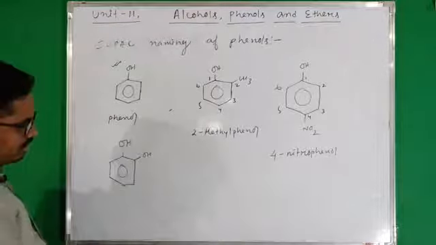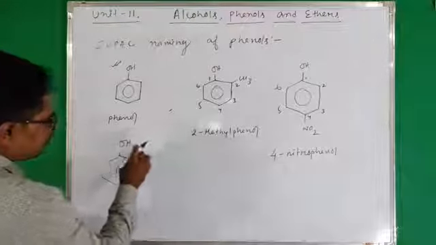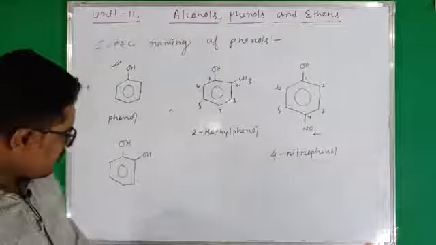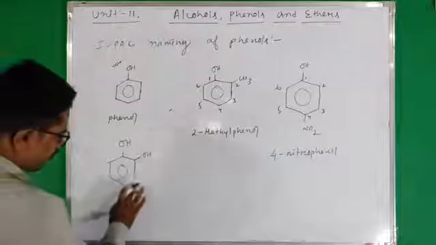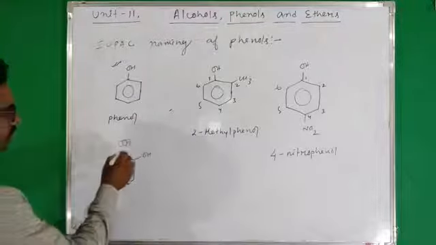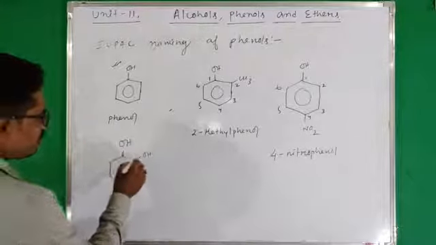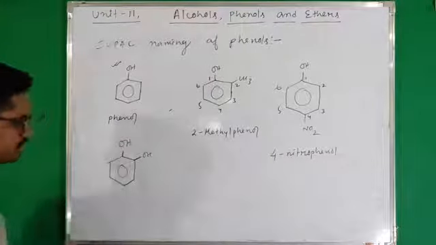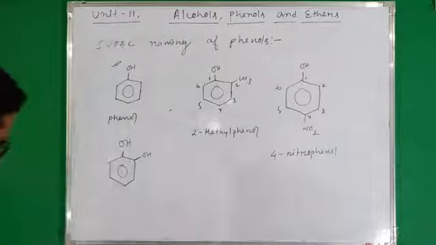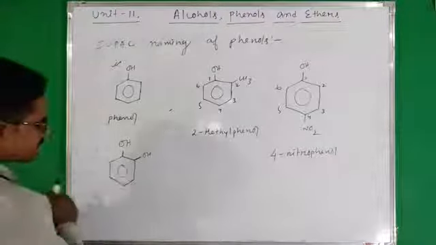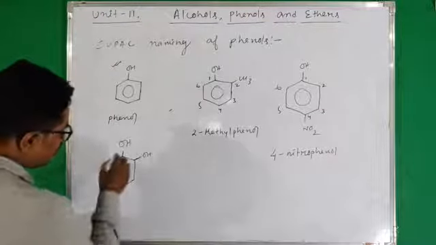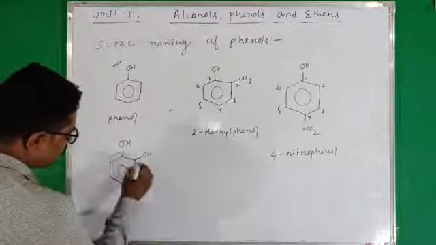Again, if we consider this functional group, then we will neglect this one. Okay? That means we can't neglect both the functional groups because earlier all carbons are equivalent. In the case of a benzene ring, earlier all carbons are equivalent. Now we will not name this compound as phenol. We will just number them 1, 2.